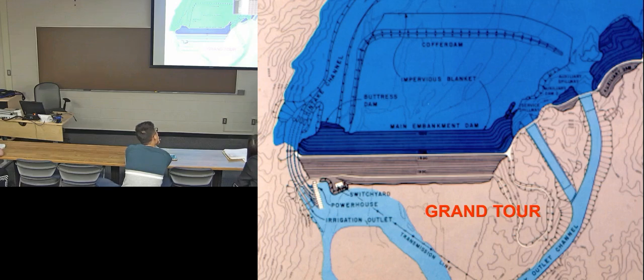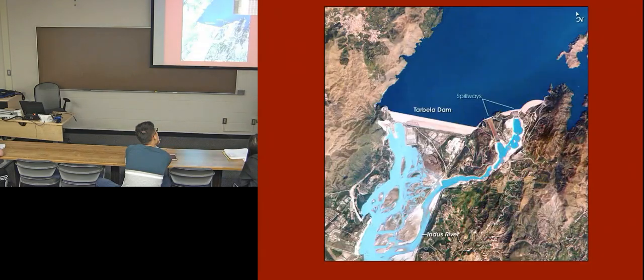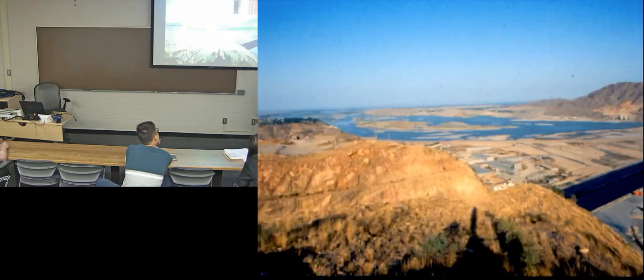So these are major features that we're going to be talking about, and here's a nice aerial view, and the dam itself and the spillways, and over here are the tunnel outlets and the power plant, electric power generation. This is the downstream view of the Indus River, and you see we are coming out of the mountains into the flat Indus Valley, which is an important agricultural part of Pakistan.